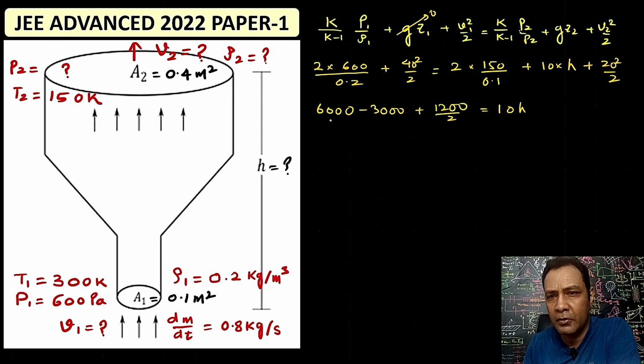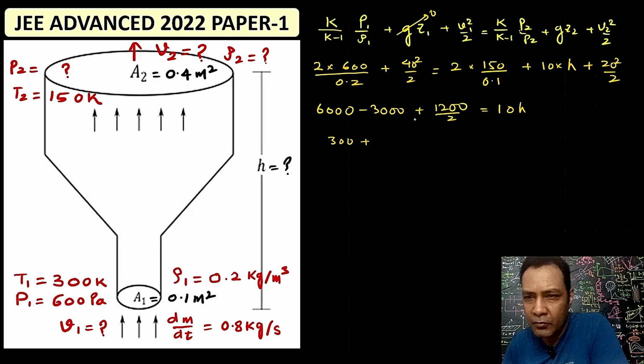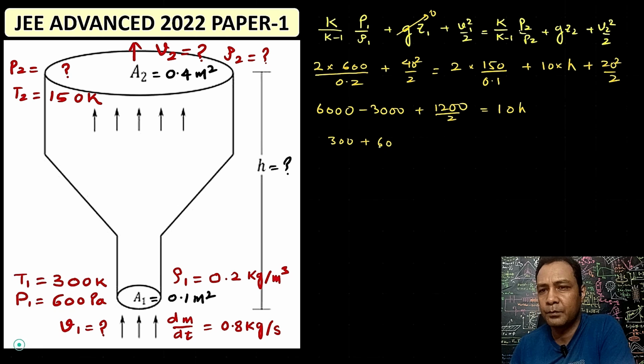So 3000 by 10, 300, plus 300 that will be 600 by 10, 60. So h we have obtained 360 meter.